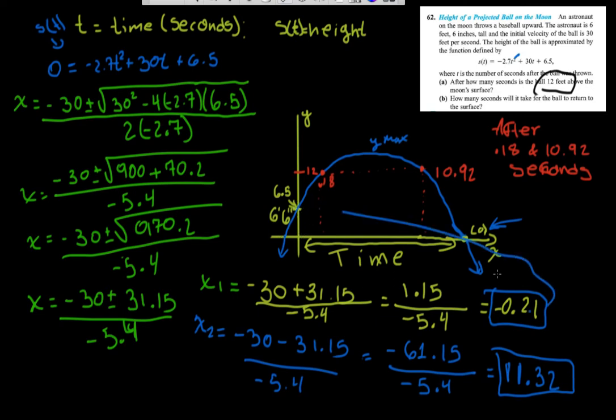So this value right here doesn't work for me. I'm gonna do it in red. That value doesn't work because I want something in the future. I want something after 0. I can't have anything before 0.